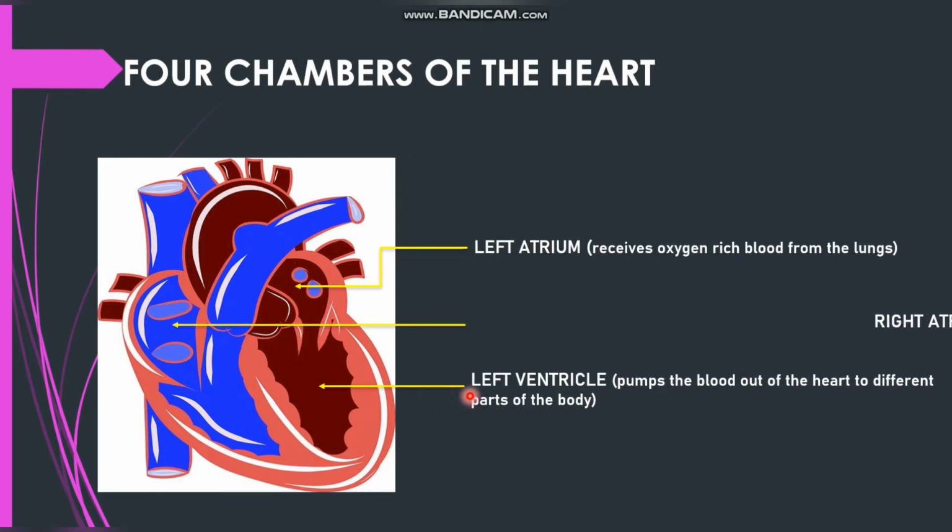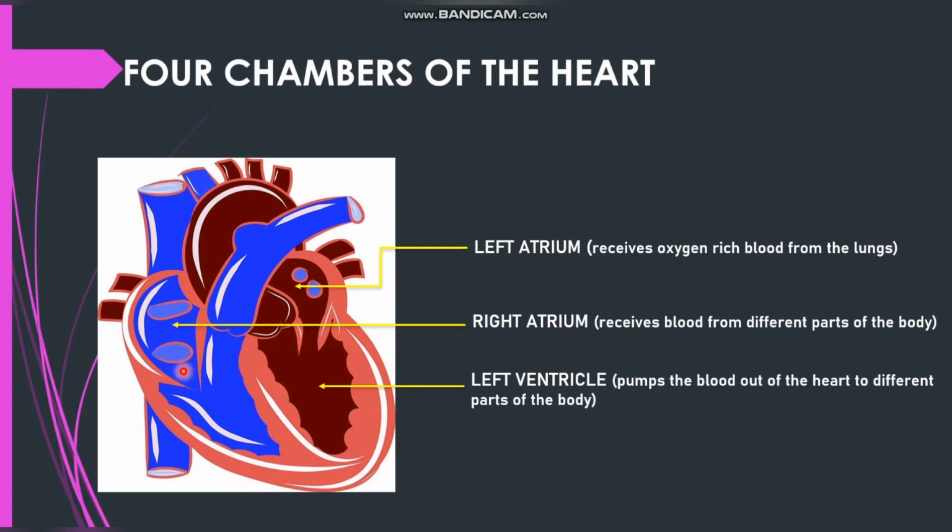Next is the right atrium. This right atrium receives blood from different parts of the body. The blood received by the right atrium is rich in carbon dioxide gas, or you can call it impure blood.